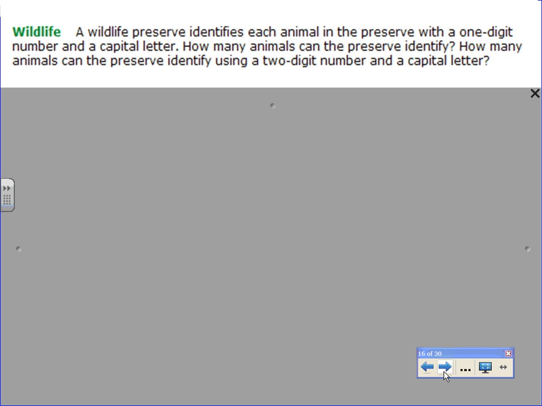So there's 2 answers here. Part A, a 1-digit number and a capital letter. And then part B, a 2-digit number and a capital letter. So I should see 2 answers on yours. You can label them as A and B if you want.